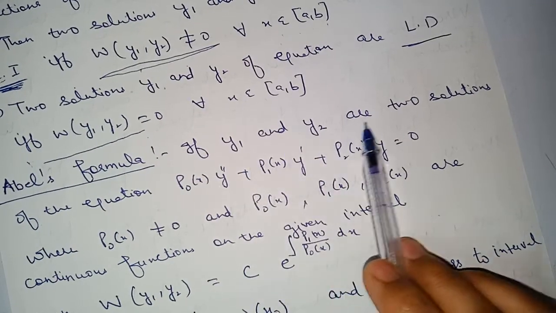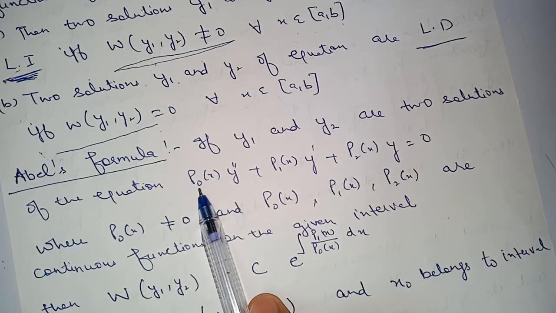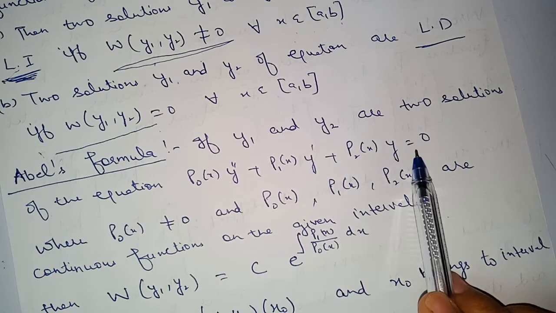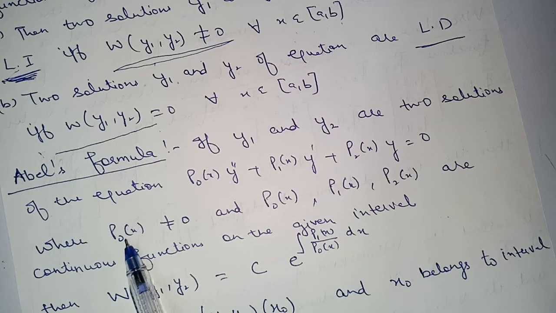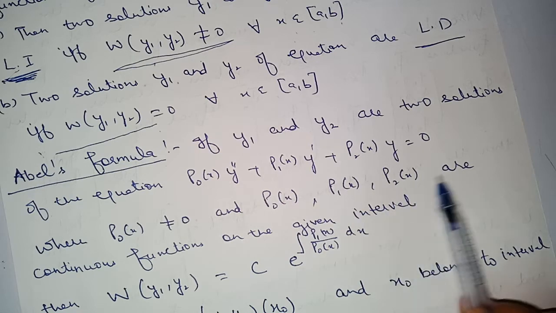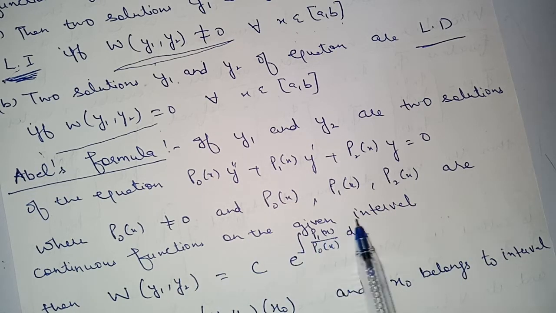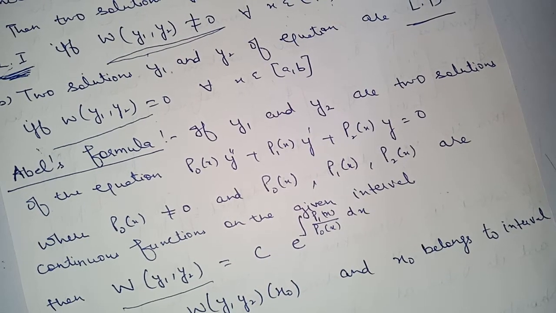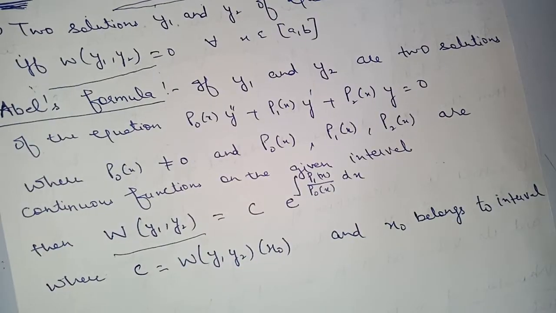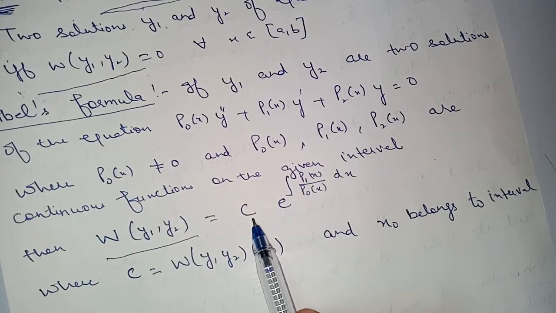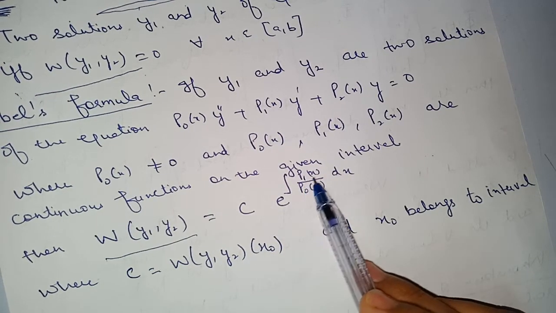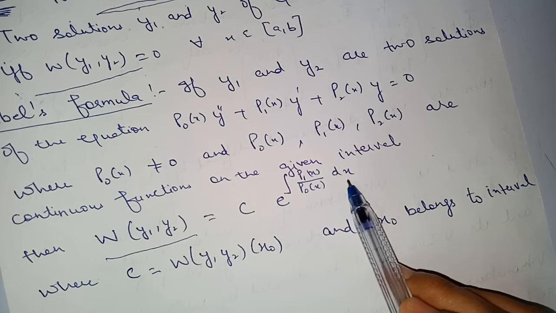If y1 and y2 are two solutions of the equation p0(x) y'' + p1(x) y' + p2(x) y = 0, where p0(x) is not equal to 0 and p0, p1, p2 are continuous functions on the given interval, then the Wronskian of the two solutions y1, y2 is equal to c times e raised to the power integral of p1(x) upon p0(x) dx.